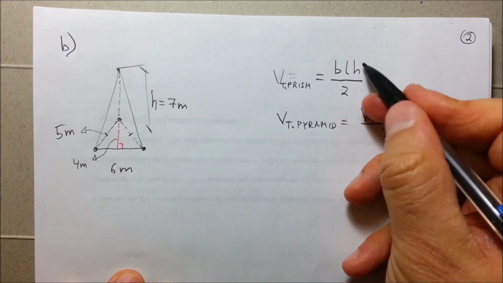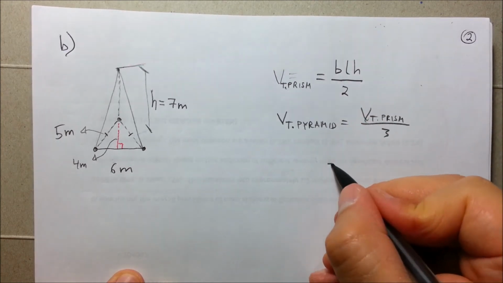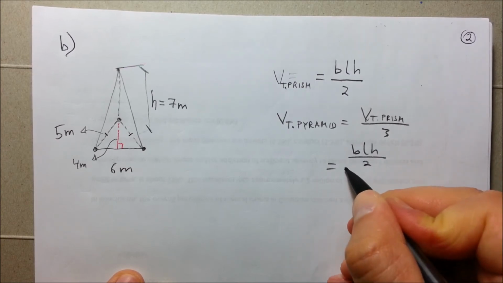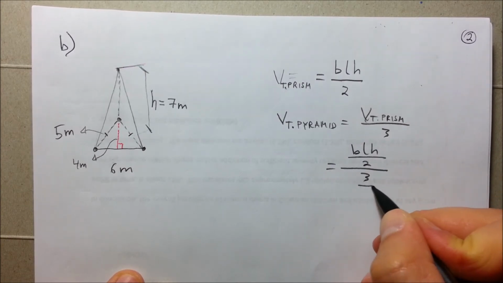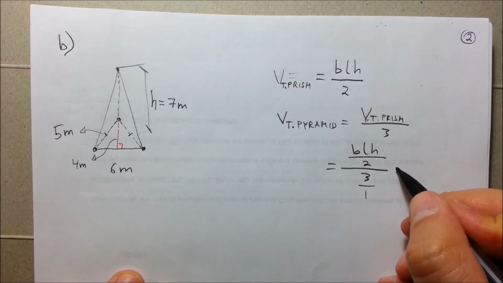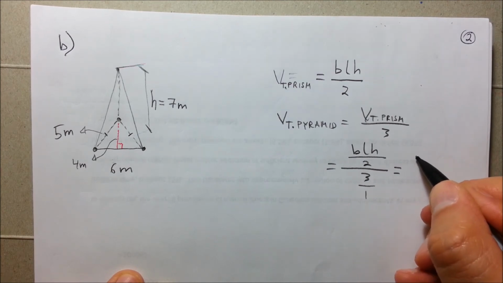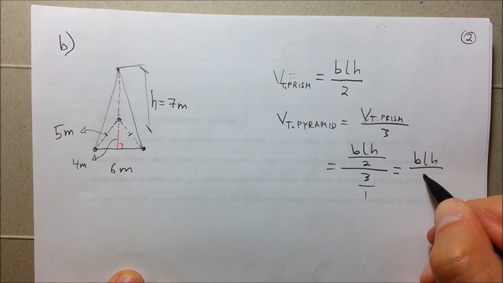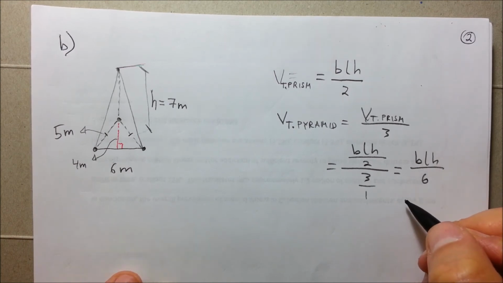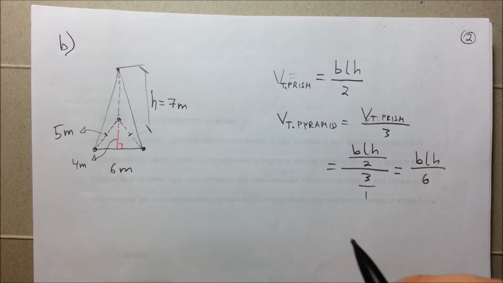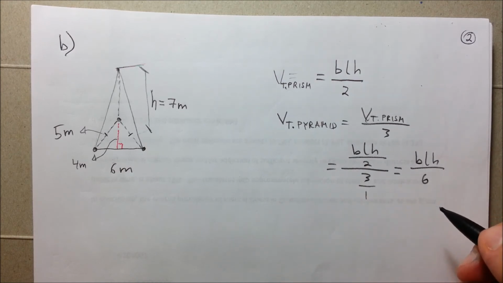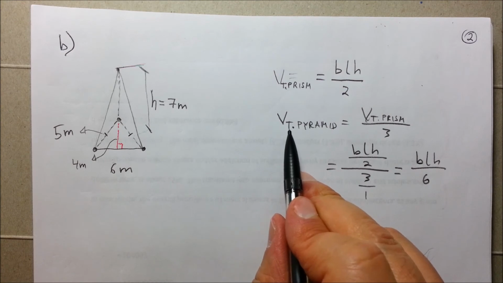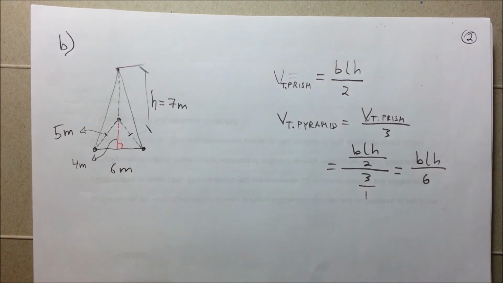Well, what happens when you divide this formula by 3? I want to show you this because sometimes it throws people off. This is equivalent to BLH divided by 6. Now if you're not sure how we got this, you need to review your fraction operations. So that's the formula for a triangular based pyramid.